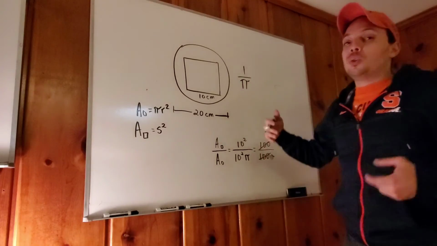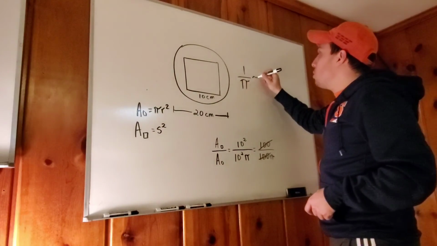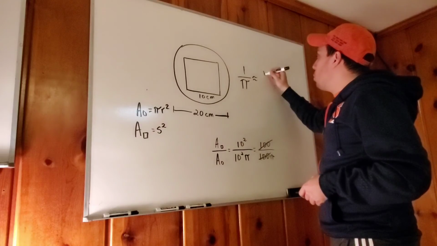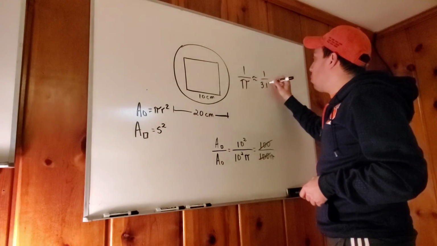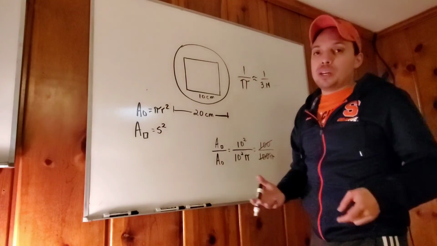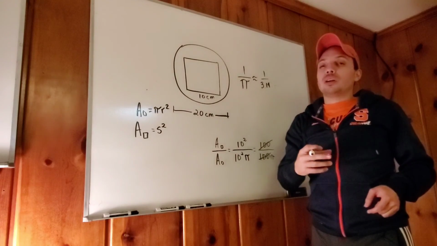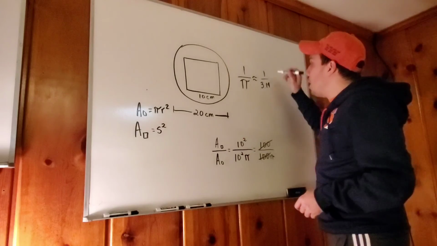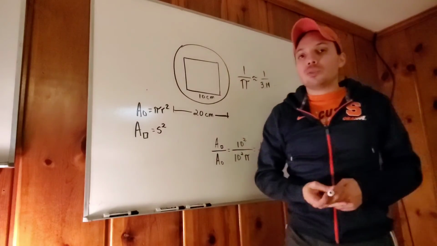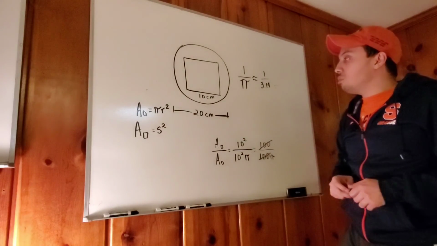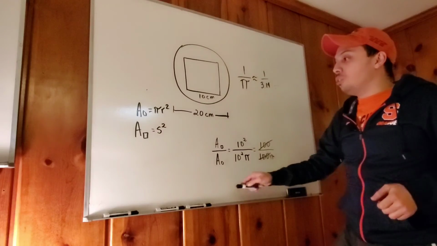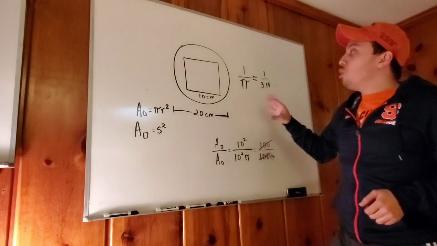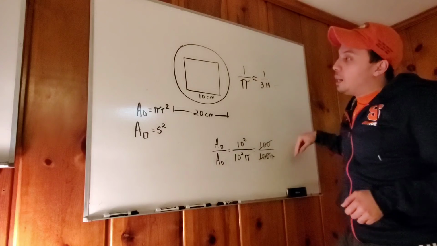If you don't like to put 1 over pi, you could also say that it's about 1 over 3.14, because 3.14 is an approximation of pi. Pi, as you all know, is an irrational number, so it never ends. So that would be the answer. And that's all you really need to know so that you know how to find all of this.